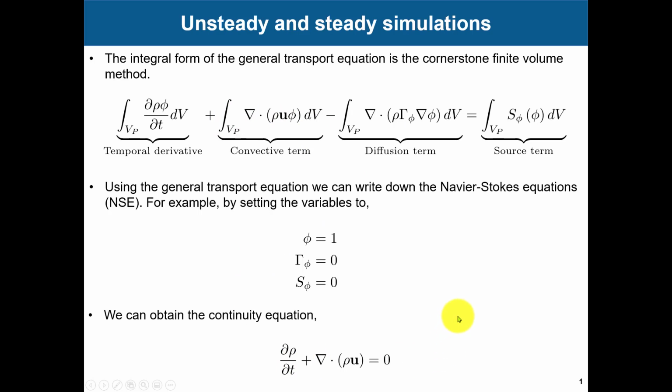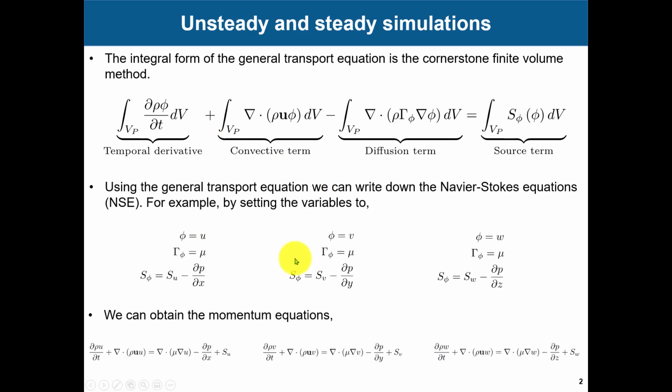So we have the continuity equation. Again, we change coefficients and you can derive the momentum equations. We are going to address some theory, how to do some discretization here. But basically we're interested in this temporal derivative. If we keep it, it is unsteady. If we erase it, we don't use it, it is a steady simulation. So it is still a valid equation, but we are not solving for time.